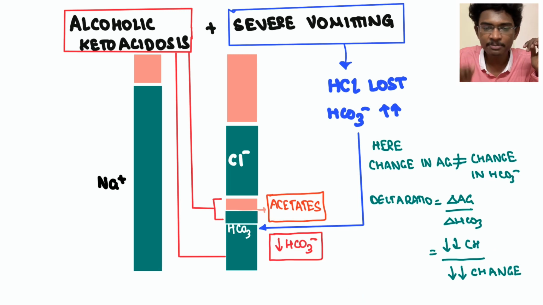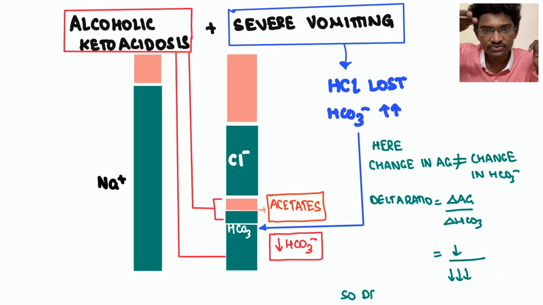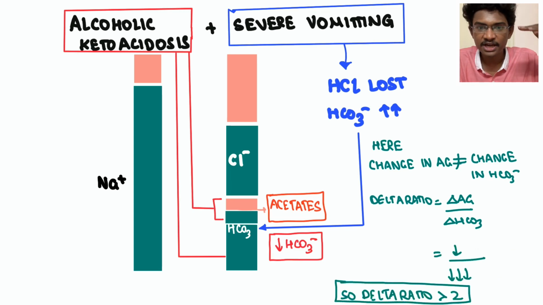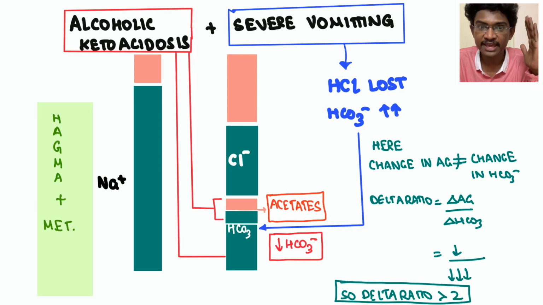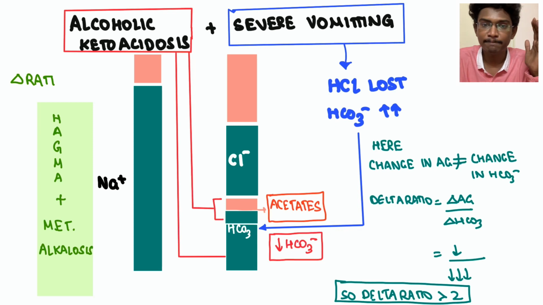This value will be falling. When the denominator is falling, the delta ratio will increase like anything. So it will be more than 2. Then that means HAGMA due to alcoholic ketoacidosis and metabolic alkalosis due to vomiting are coexisting in this patient. It can be found out only when you apply this delta ratio.